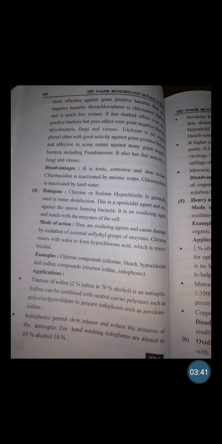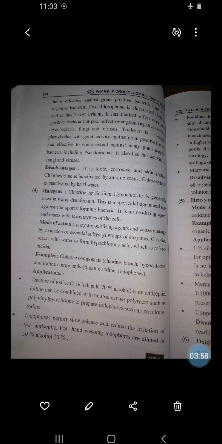Then iodine is corrosive and it will corrode stainless steel surfaces. Next, that is heavy metals.